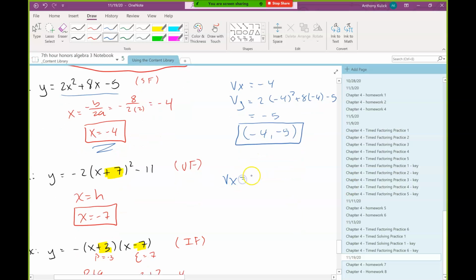The next one, my x-coordinate is -7. My y-coordinate then is going to be just plugging in -7. So -7 plus 7 is 0. 0 squared is 0. 0 times -2 is 0. So I'm left with just -11. And it's worth noting here, -11 was also the k.